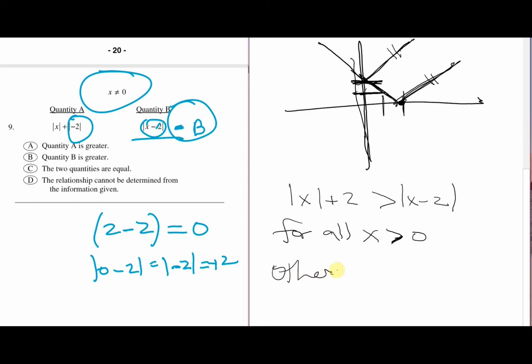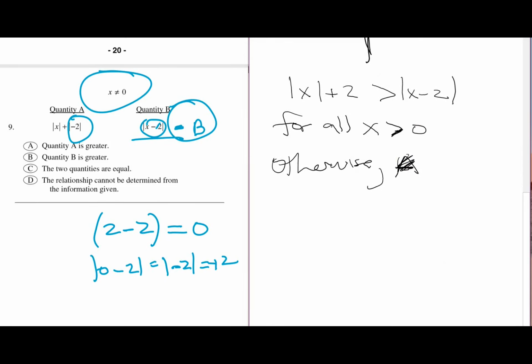Otherwise, absolute value of x plus 2 equals absolute value of x minus 2.